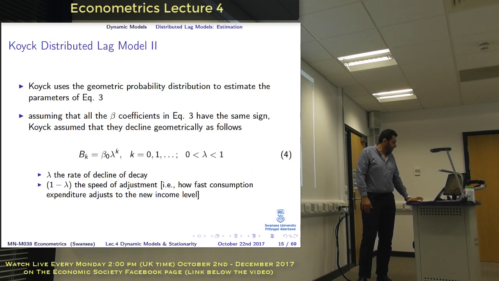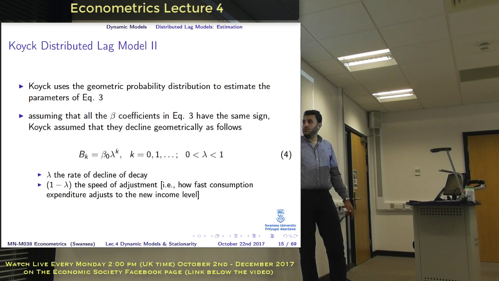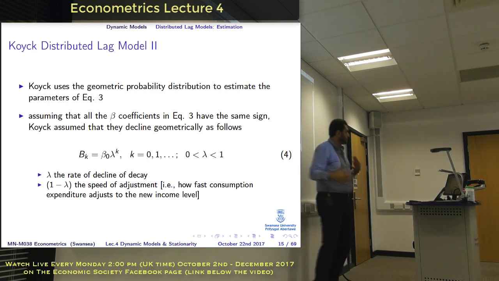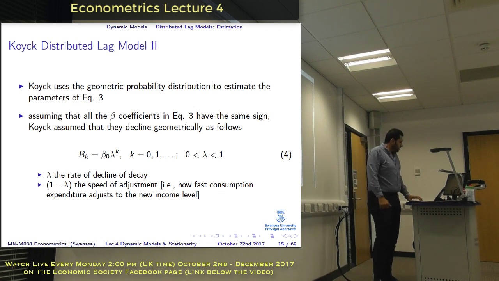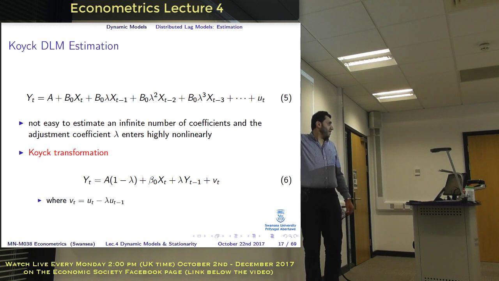If you go back to this slide, remember beta 1 will be equal to beta 0 times lambda raised to the first power. Beta 2 equals beta 0 times lambda squared, and it continues that way. So we just need to introduce this in this equation. That's what we have here.